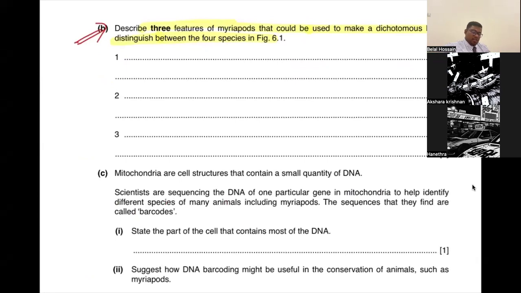Now, describe three features of myriapods that could be used to make a dichotomous key. What is point number one? Which one can be used? Give the answer, quick.